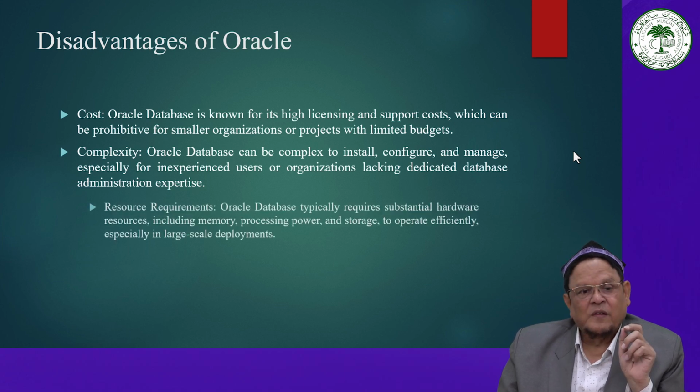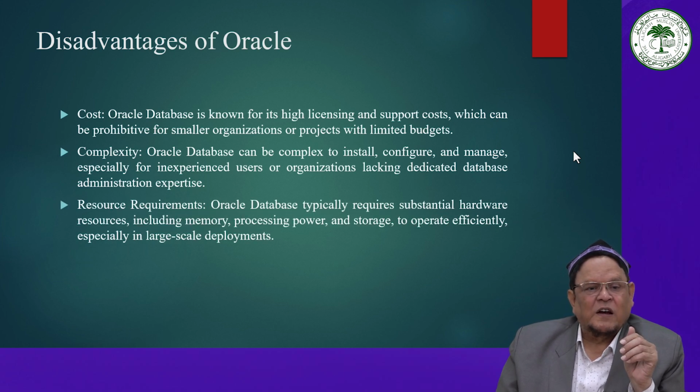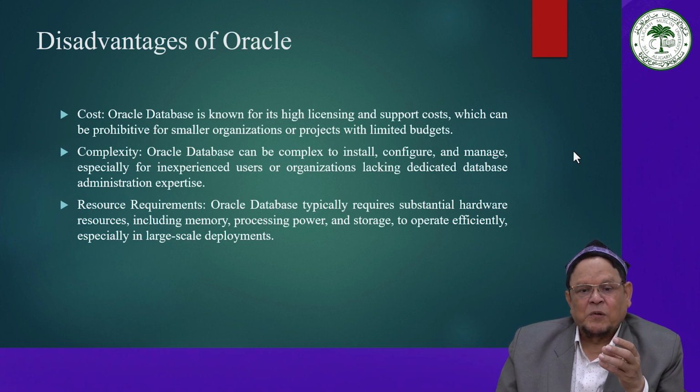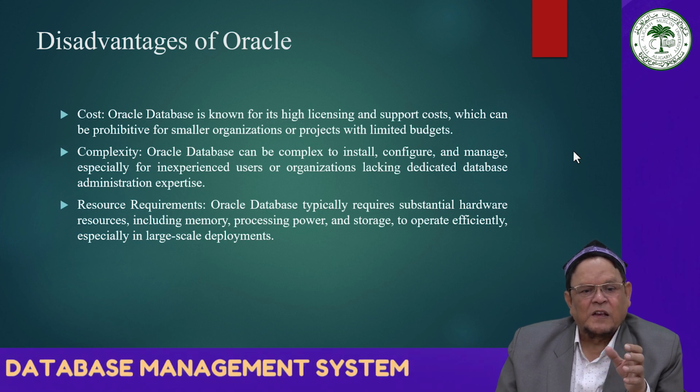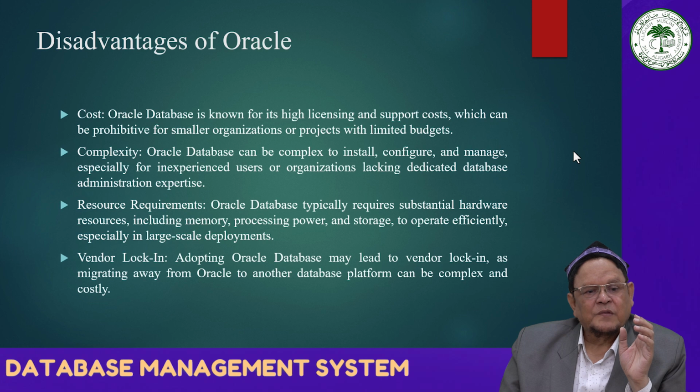The next disadvantage is resource requirements. Oracle database typically requires substantial hardware resources, including memory, processing power, and storage to operate efficiently, especially in a large-scale deployment. The last is vendor lock-in.